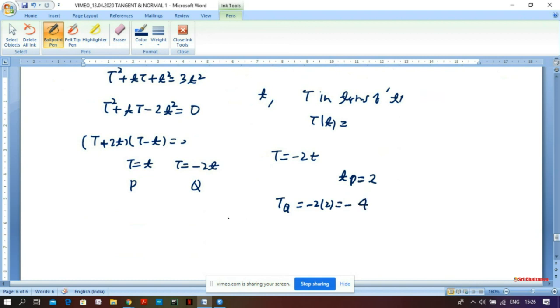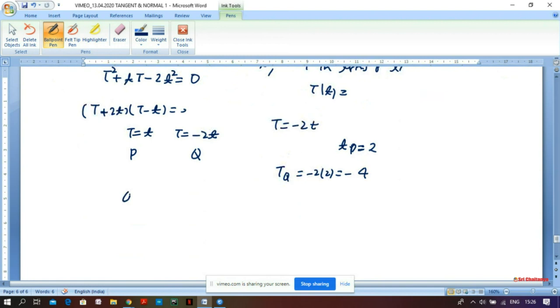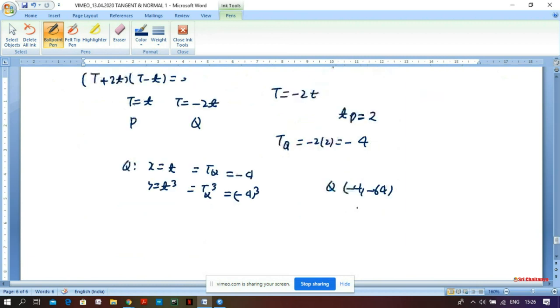And the point Q has x equal to T and y equal to T cube, so x is negative 4 and y is negative 4 cube. So my point Q becomes negative 4, negative 64. So that is one answer.